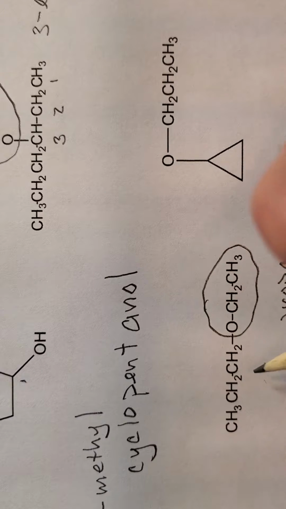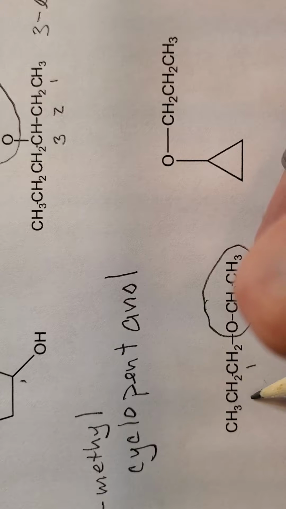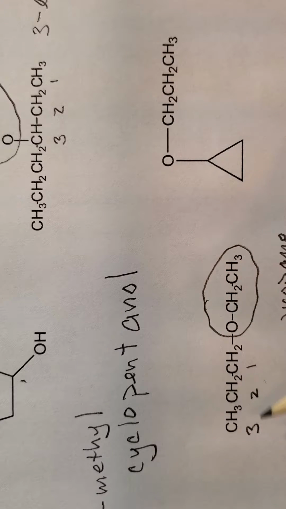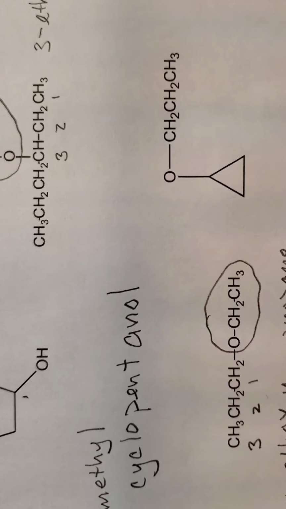And this ethoxy is bonded to carbon 3. Sorry, it's bonded to carbon 1. So this ethoxy is bonded to carbon 1 of 1, 2, 3. So it's going to be 1-ethoxypropane.